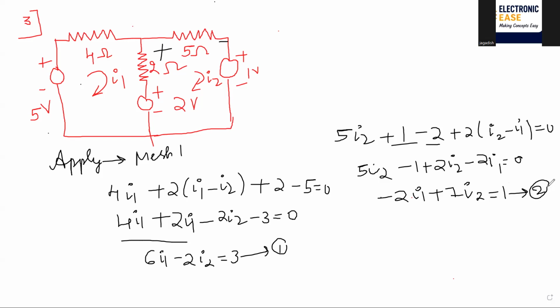I1 is how much? 0.6052. So something you have made wrong. 6I1 minus 6I2 is equal to, so the first equation is, wait, we have seen 4, 2, plus 2.